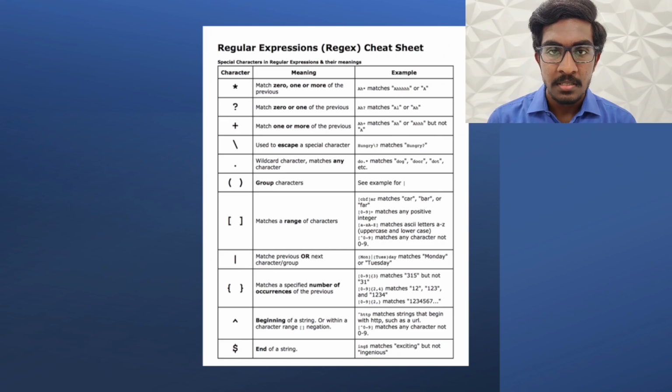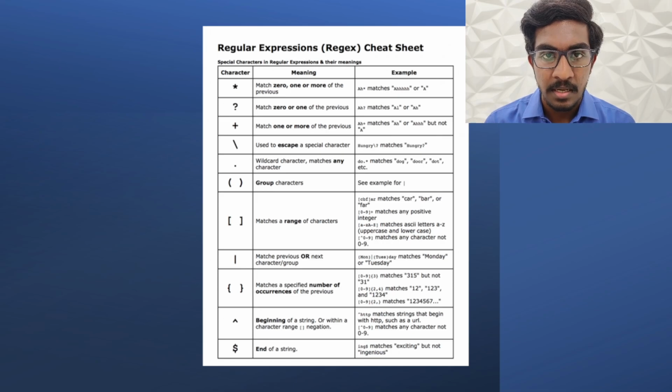The slash represents an escape character. The dot represents any character. The bracket gives the range, so it is mainly used if you want to specify a specific character like a hyphen or any letter after a particular command.